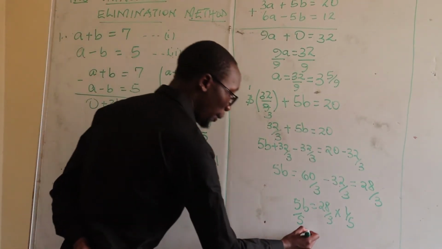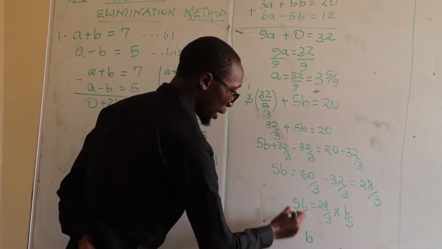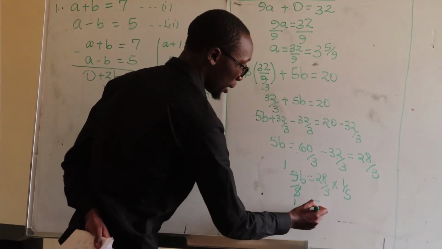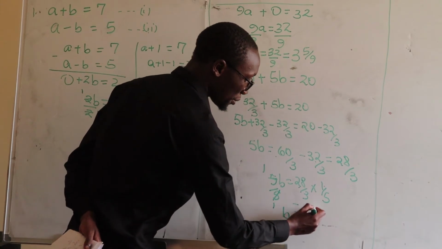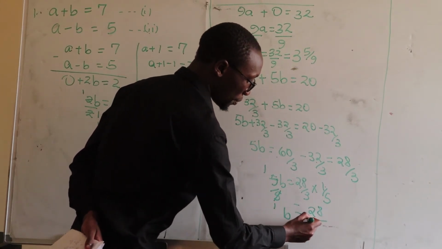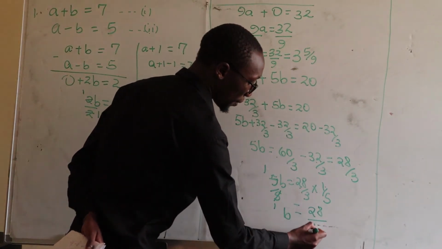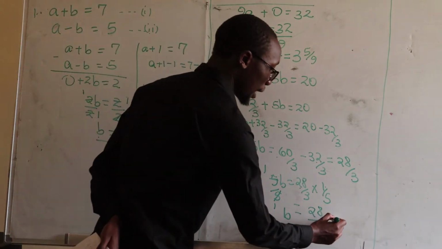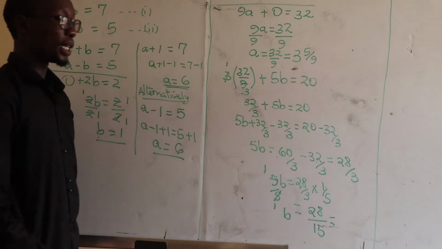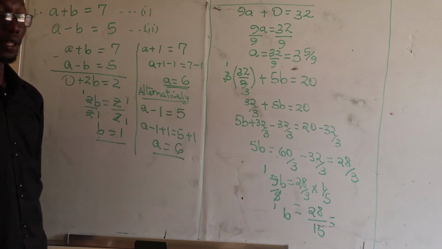And so our b shall be equals to the numerator 28 times 1, you get 28. The denominator 3 times 5, we shall have 15. And so that is an improper fraction. You need to write it as a mixed fraction.